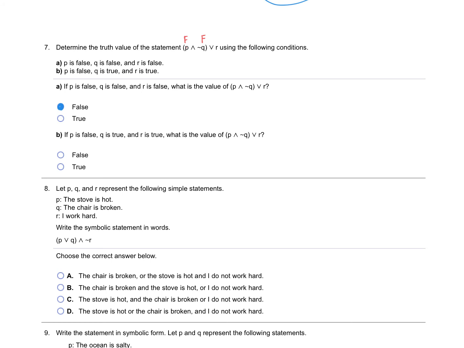Since they're both false, overall this is going to be false. Okay, and then it says R is true. So now I have false or true. In an or statement, or a disjunction statement, only one of them has to be true for it to be true overall. Since the R is true, this is going to be true. So part B is true.